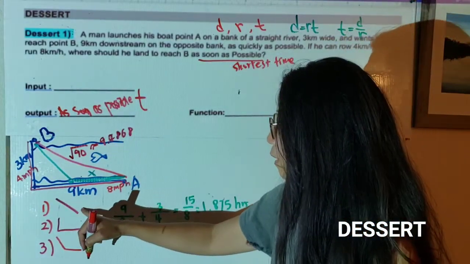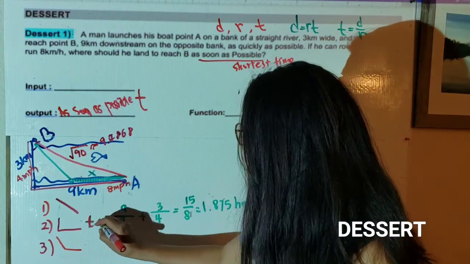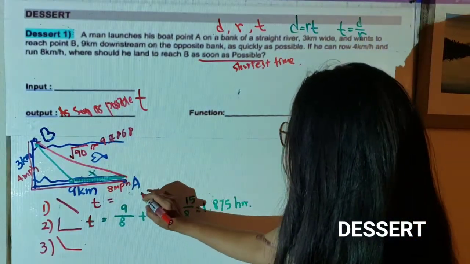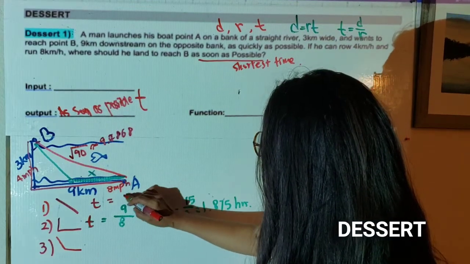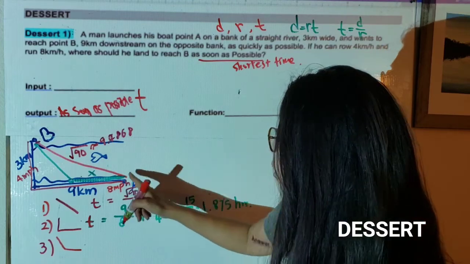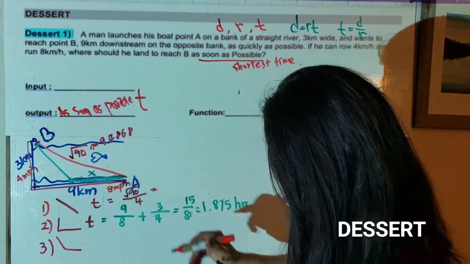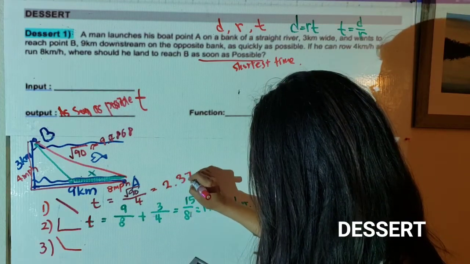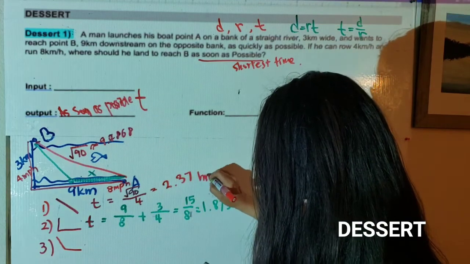To find the time it takes crossing using only the rowboat, that's the square root of 90 divided by the boat speed, 4. That gives me 2.37 hours.